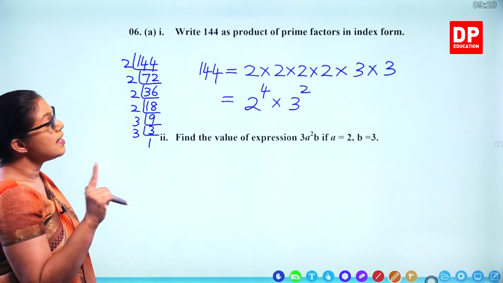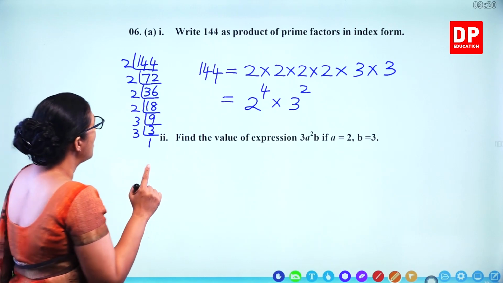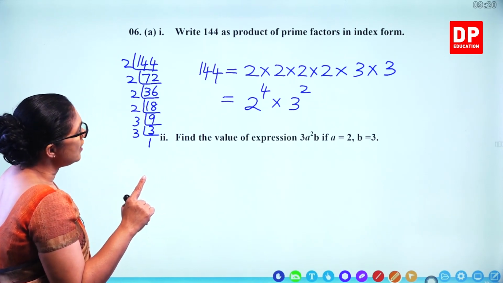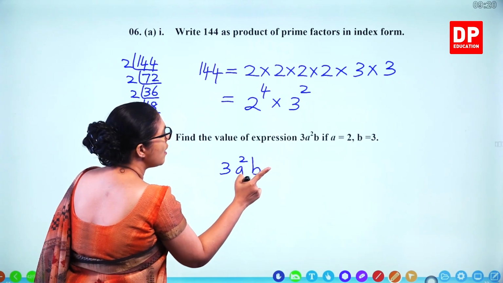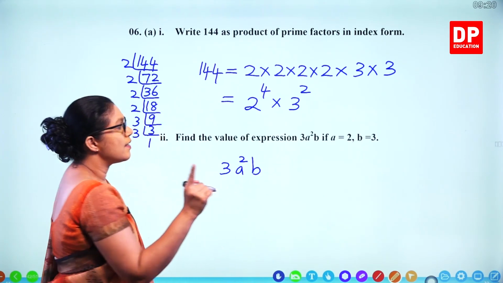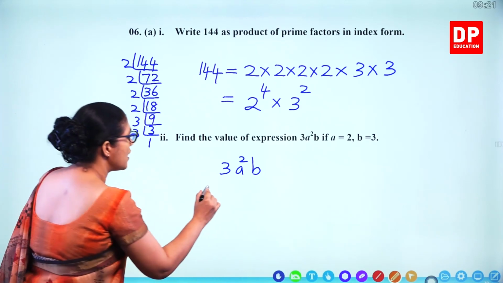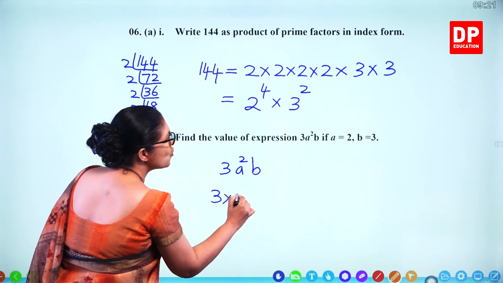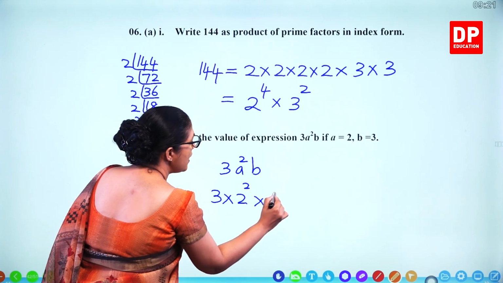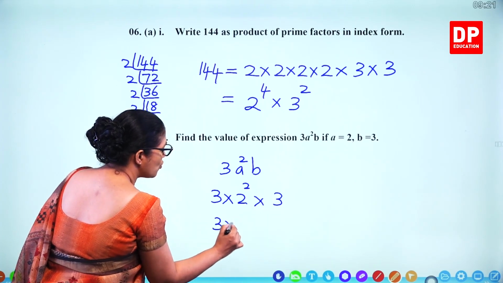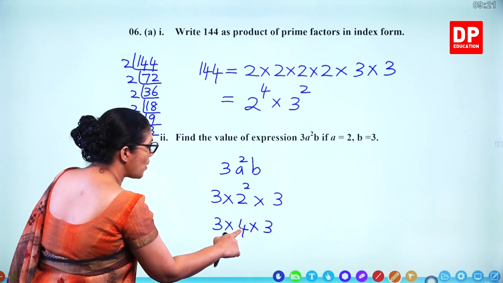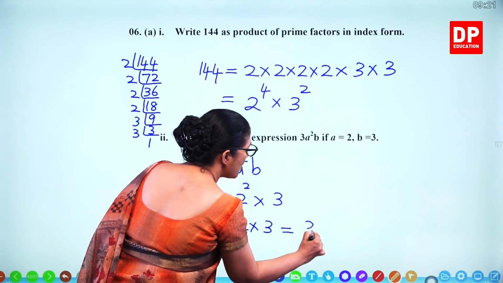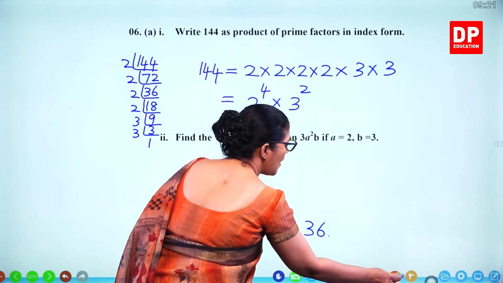So we have to write in index form. Find the value of expression 3a squared b if a equals 2 and b equals 3. So substitution. 3 times a is 2, 2 to the power 2. B is 3. 3 into 2 to the power 2 is 4. 4 times 3, 12. 12 times 3, 36 is the answer.